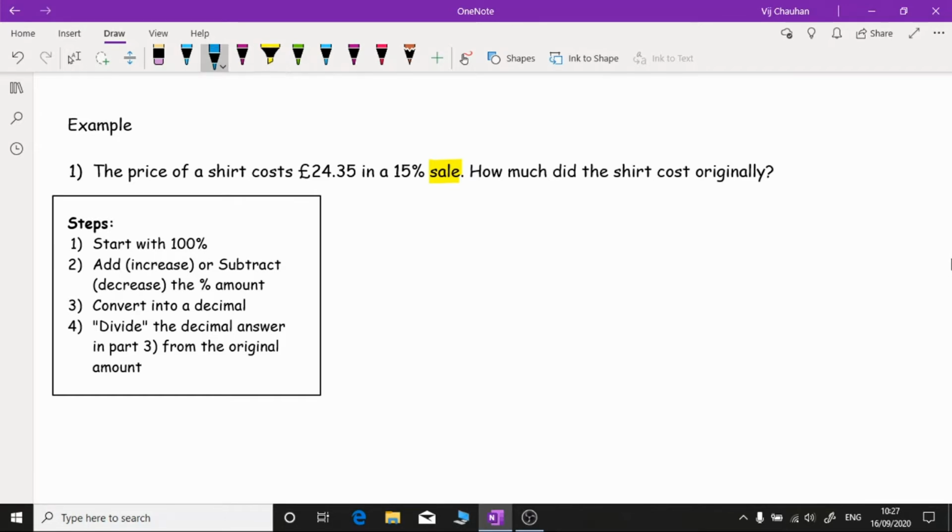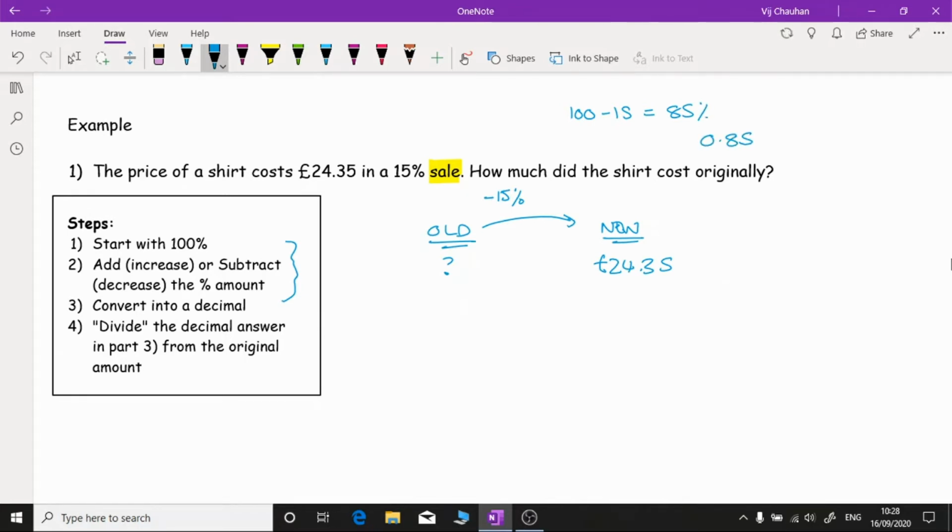So going on from this, we've got our old price, which is what we don't know. We've got our new price, which is what we do know, which is £24.35. Now, decreasing by 15%, my decimal multiplier, following these 3 steps, is 100 minus 15, which is 85 percent, and that as a decimal is 0.85.